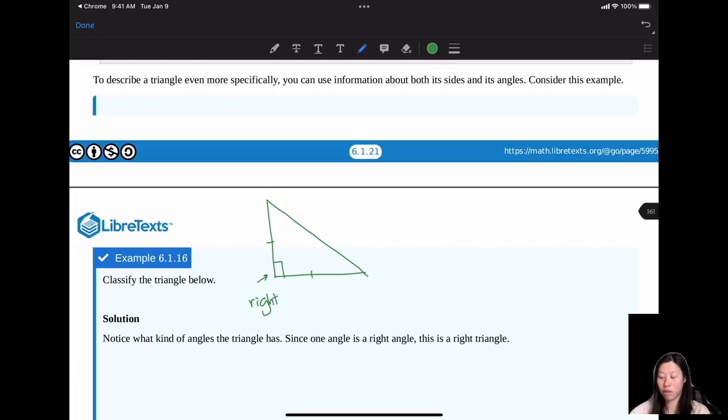And then you have two congruent sides in here. This mark means congruent. So that means we can call it an isosceles right triangle.